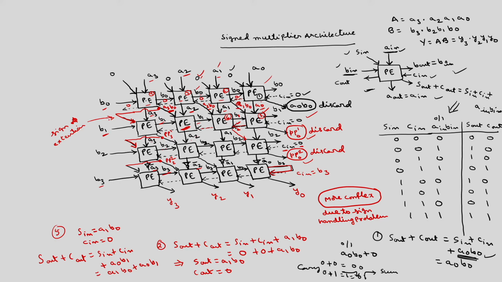So, we have to take the sign bit, we have to extend the sign of this one. So, because of that this is more complex. So, to avoid this sign handling problem, there is one efficient signed multiplier called the Baugh-Wooley multiplier. Next we will discuss the Baugh-Wooley multiplier, and using the Baugh-Wooley multiplier you can implement the filters.